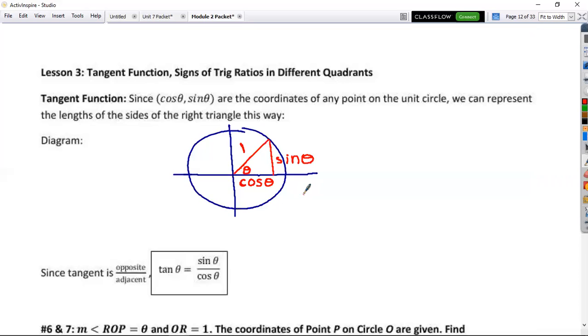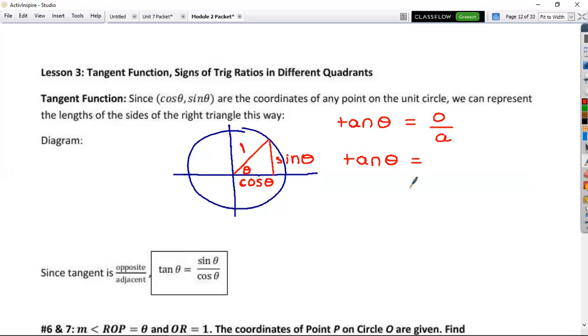So what we're going to do is use this to get tangent. If I told you that I would like you to find the tangent of theta, then we discussed yesterday that tangent is equal to opposite over adjacent. So what I would do is fill those in. So tangent of theta is equivalent to... what do I plug in for the opposite side?